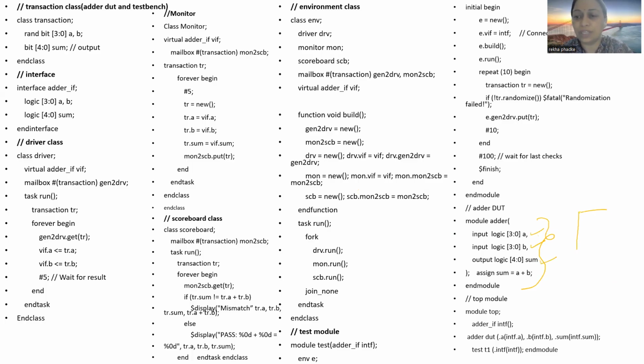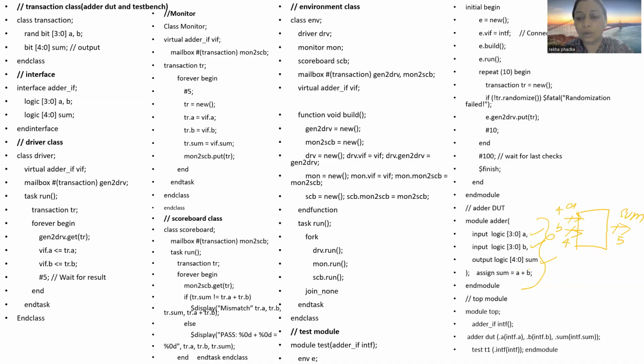And we are using continuous assignment to calculate this expression, which is assign sum is A plus B. So we have A and B. It's a combinational circuit design, and we have sum here. This is a 4-bit A, this is again a 4-bit B, and the output is 5-bit. And we are using assign statement to evaluate this equation. So it's assign sum is equal to A plus B. So this is the DUT.